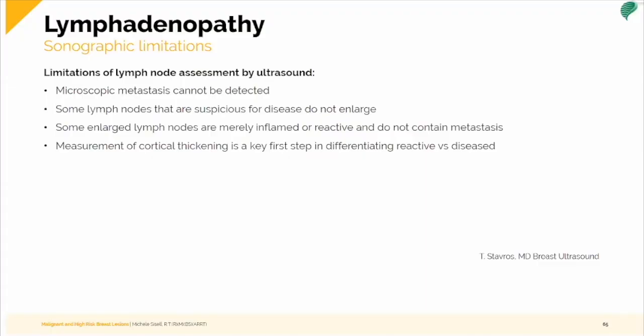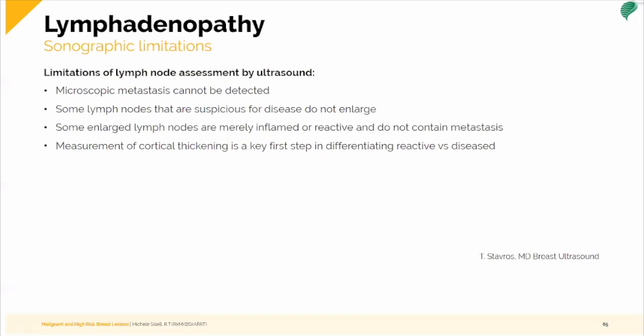When using ultrasound to assess lymph nodes, there are limitations. Microscopic metastases cannot be found. Even a perfectly normal lymph node could have cellular disease. Some lymph nodes that are suspicious for disease do not enlarge or change shape. And some enlarged lymph nodes are merely inflamed or reactive and do not contain disease.